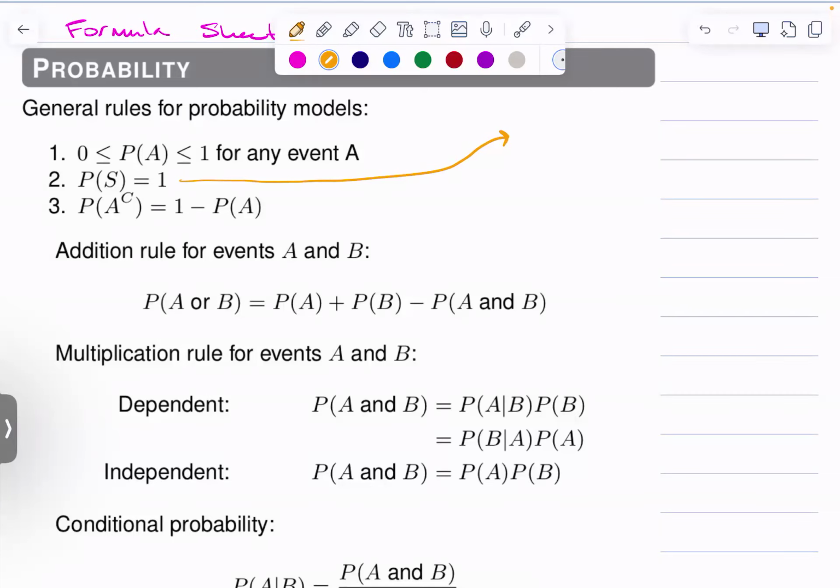If you had to guess, what do you think S would be? You might not know it as the sample space, but S is the sample space. That doesn't tell you very much, does it? But the sample space is the list of all possible outcomes.